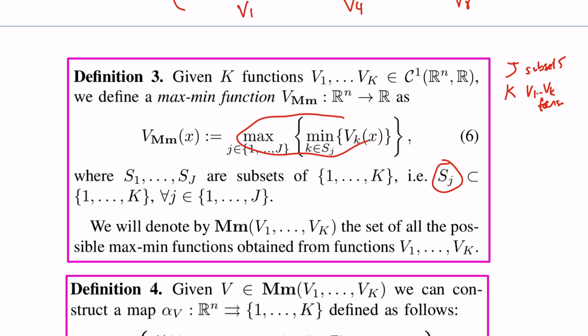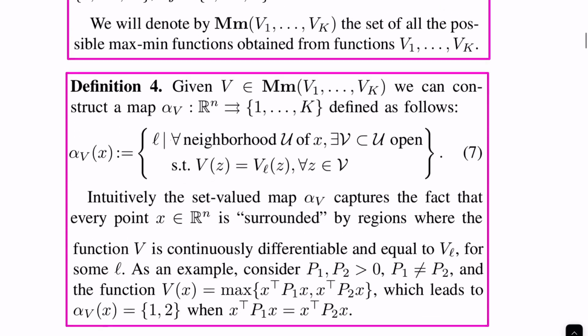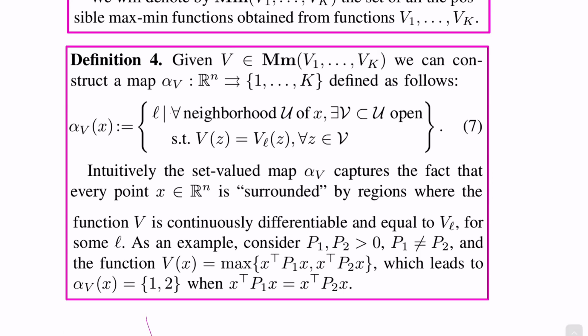I don't even need to point it out, but this is not a convex function. Okay, let's continue. First of all, you need to give me K continuous differentiable functions, V1 to VK, and the moment that you define them, you have a set of functions.